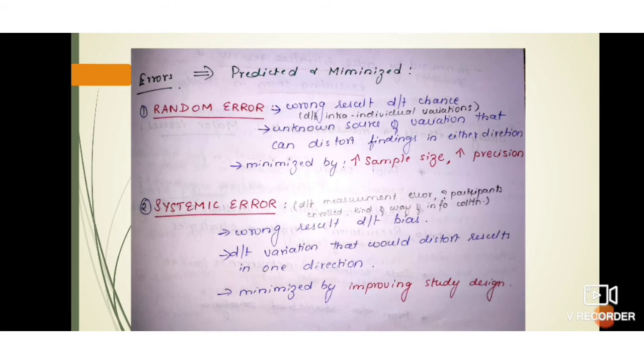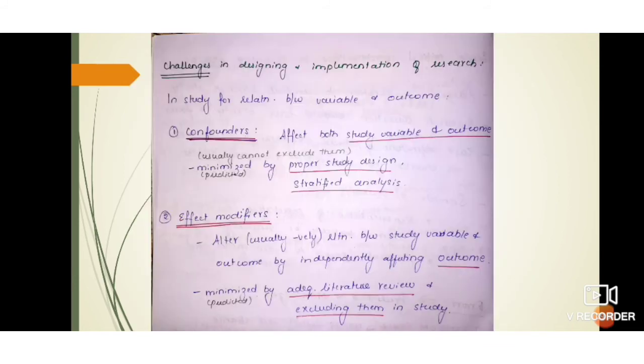This is what we call bias, and it might be minimized by improving the study design. So random error is by chance, and we can minimize it by increasing sample size and precision. And systematic error occurs due to bias, and we can minimize it by improving the study design.